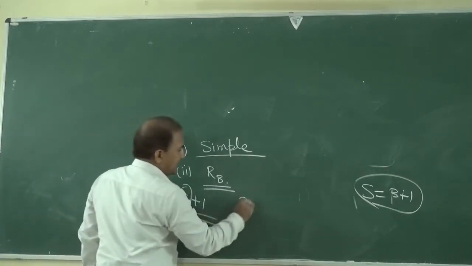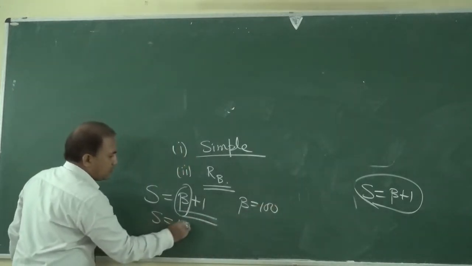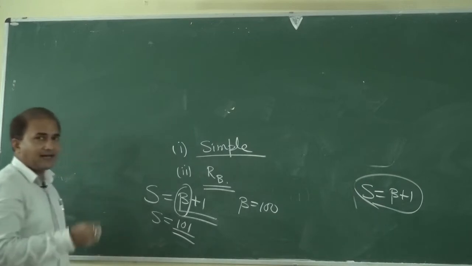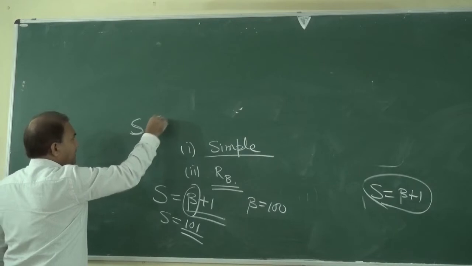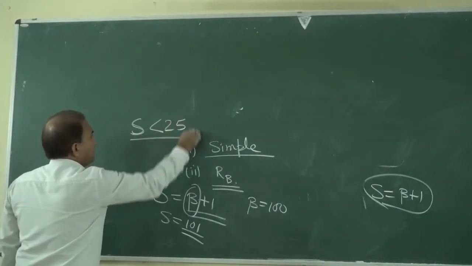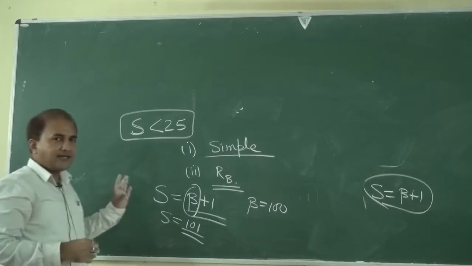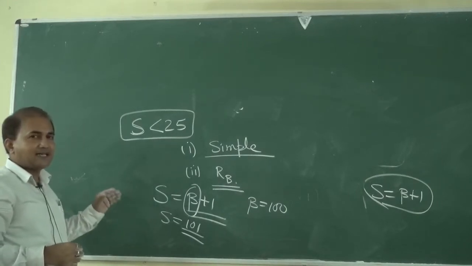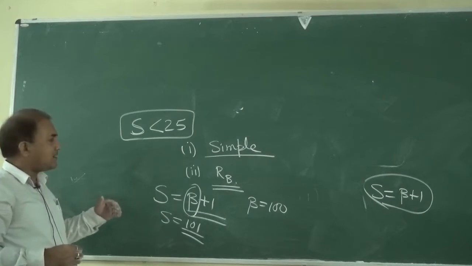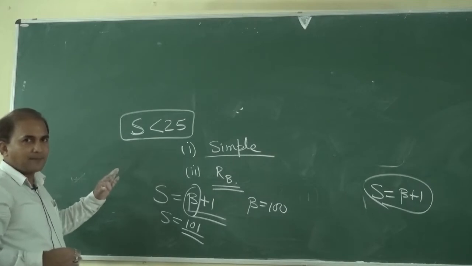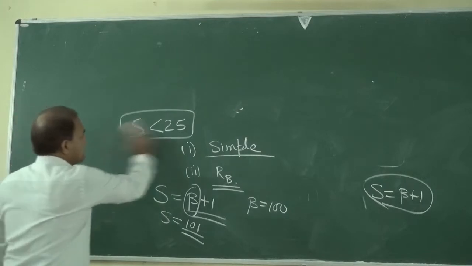If beta is equal to 100, then the stability factor is 101, which is very high. Normally the stability factor should be below 25 for faithful amplification. So this is the main disadvantage of fixed bias circuit. Then we will see numerical examples based on fixed bias circuit.